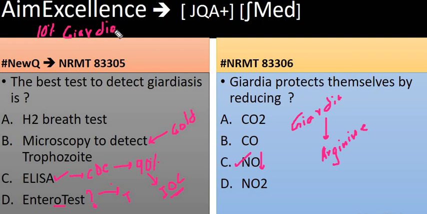So it has two forms: one is trophozoite and another is cyst. Both have flagella. The cyst is going to be quadrinucleated, whereas the trophozoite is going to be tennis racket shaped with two nuclei.